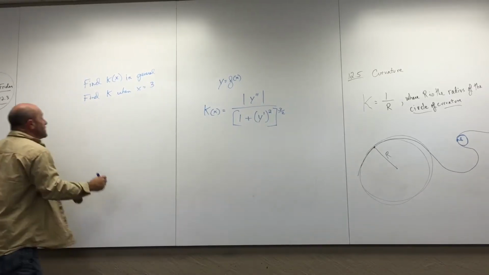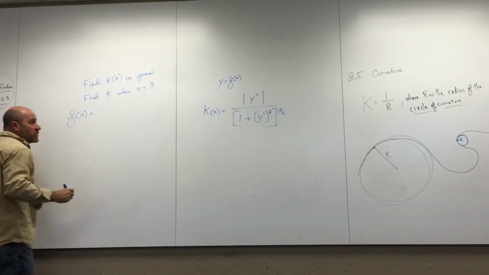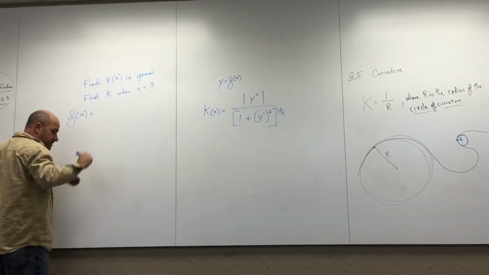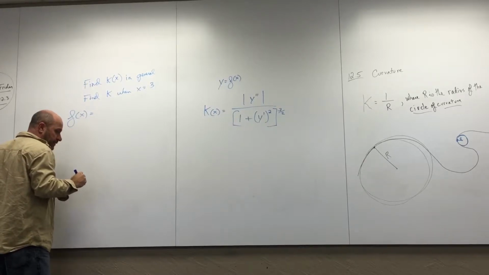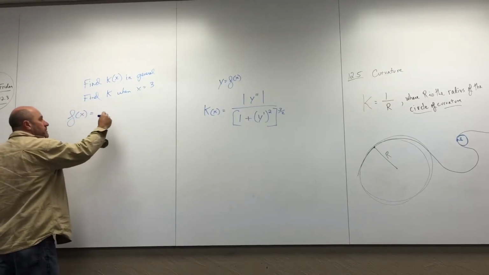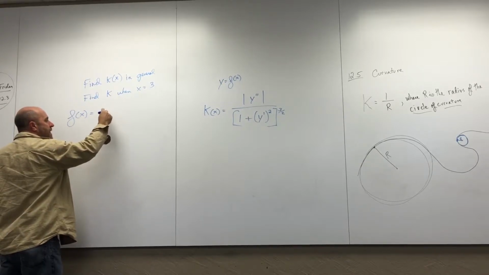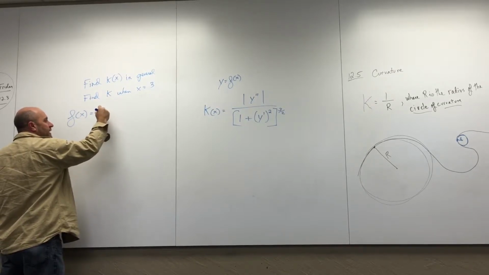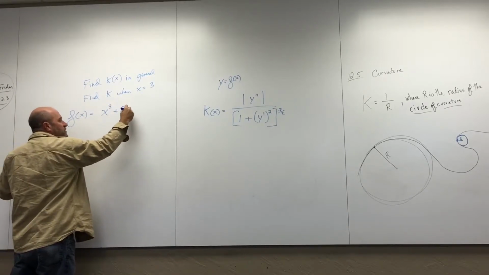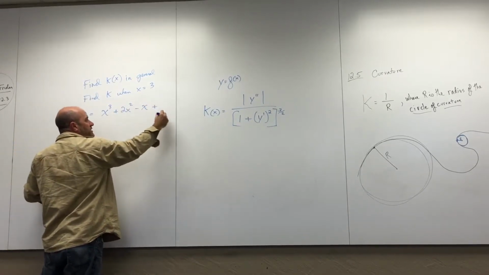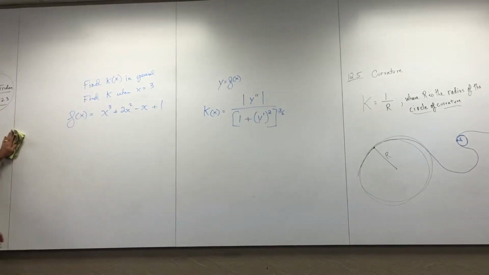And the function I'm giving you is this: f of x is x cubed plus 2x squared minus x plus 1. I just made this problem up. I'm not sure if it's the best problem, but you can do it.